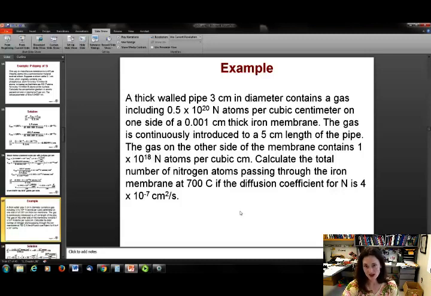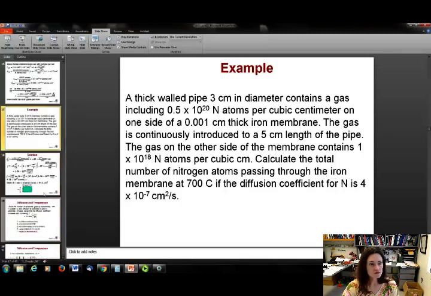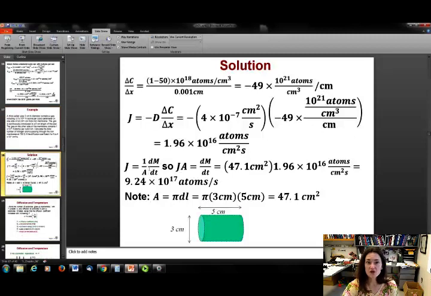Okay, so let's think about all this and put this together. The first thing that I can do is go ahead and calculate my concentration gradient, delta C over delta X, okay? So in the problem, it gave me the concentration of the nitrogen gas on either side of the pipe.